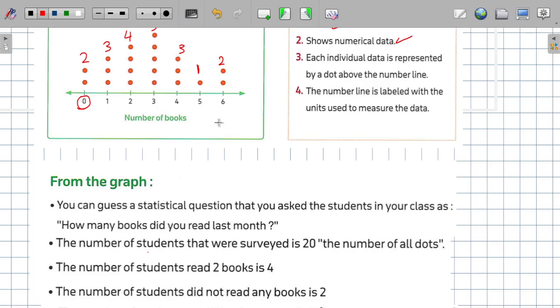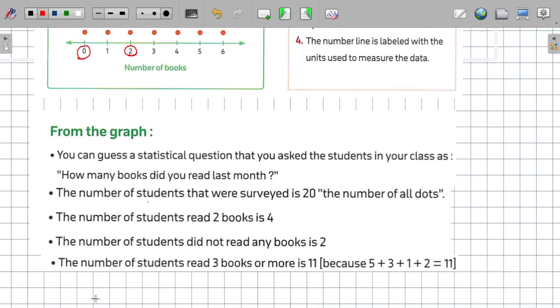Okay, so I counted the number of all dots to know the number of students. So if I wanted to know the number of students that read 2 books, I will reach number 2 here on the number line, and I will count the dots above it. So I have 4 dots. So I can say the number of students that read 2 books is 4 students.